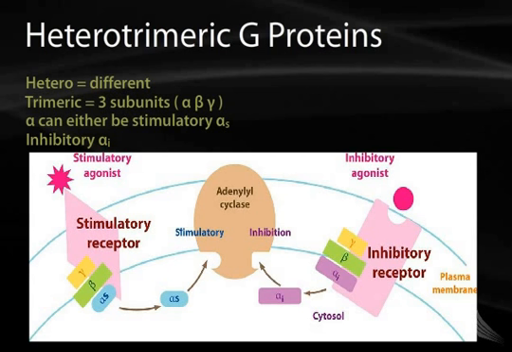Alternatively, there are other receptors bound to other kinds of G proteins that will activate their G protein, will release an alpha subunit, but this alpha subunit, instead of activating adenylyl cyclase, will inhibit it. These G proteins are known as inhibitory G proteins, or G sub I standing for inhibitory, and the only difference between these G proteins and the stimulatory G proteins is in their alpha subunit.